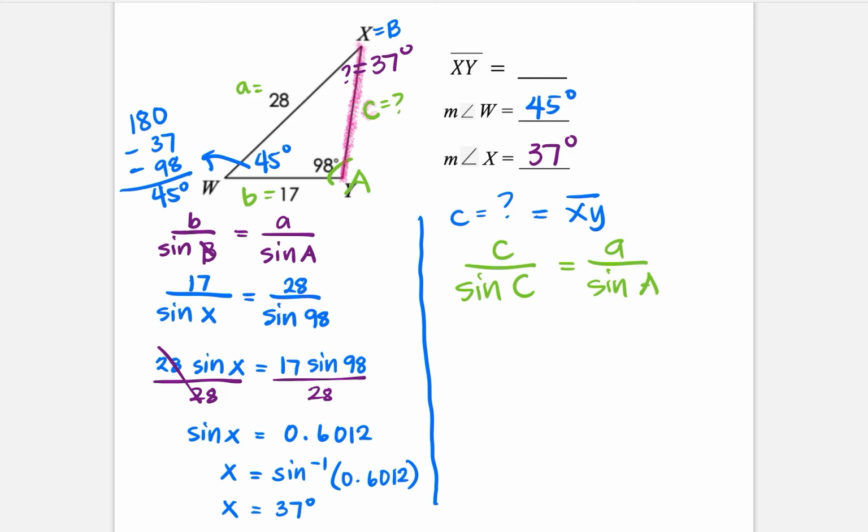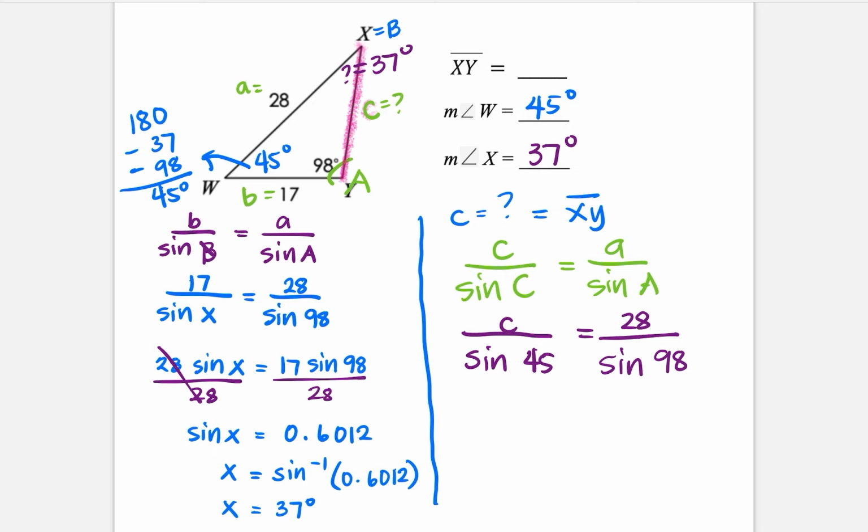So side C is missing, we're trying to find side C over sine 45 equals, A is 28, the side A, and sine of its corresponding angle is 98.